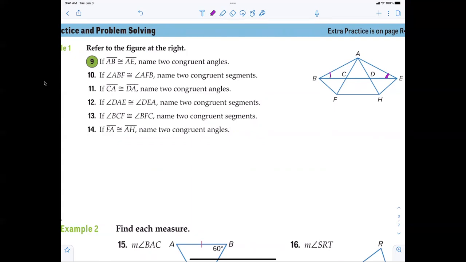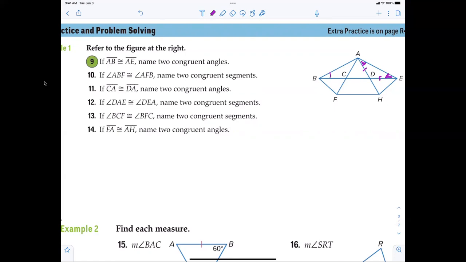DAE is this angle right here, correct? And DEA is this angle right here, right? So he said AD and ED. Would it be AE? No, no. Why? Because these are the base angles. The sides opposite the base angles are equal. You with me now?